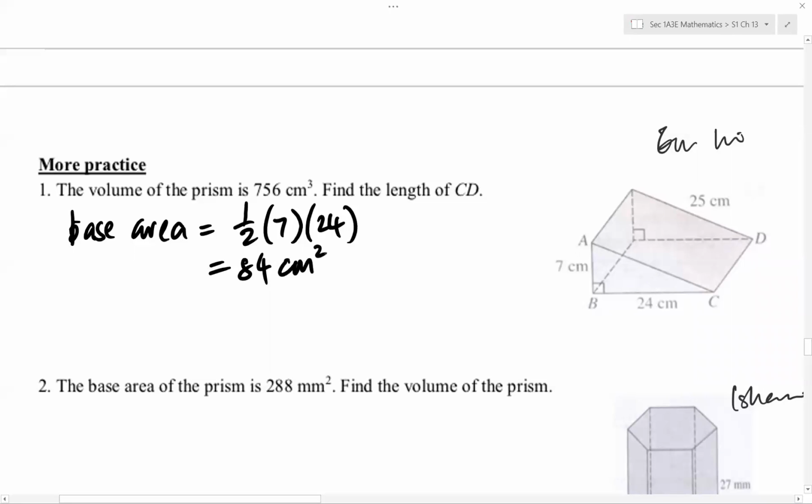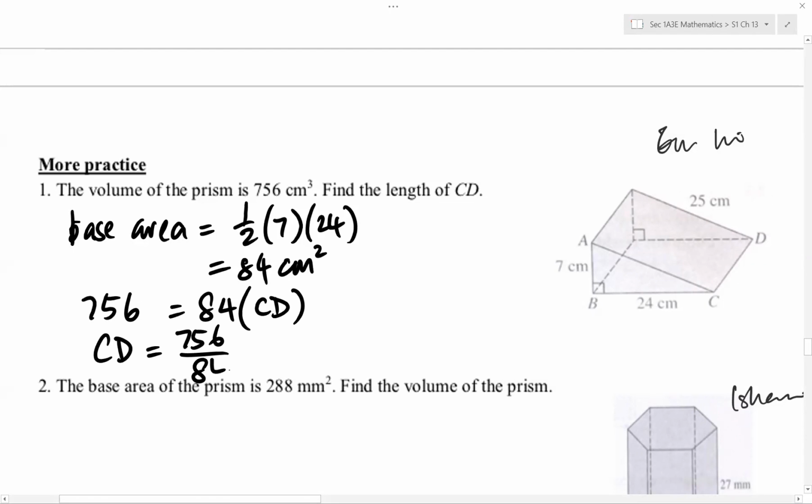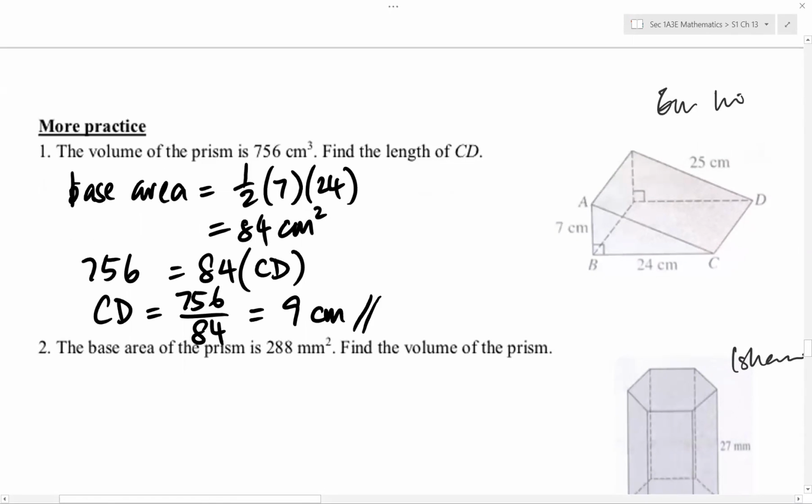Then. Okay, good. Okay, very good. So same thing, base area first, equate it to the volume. This time, we're trying to find a perpendicular height CD.